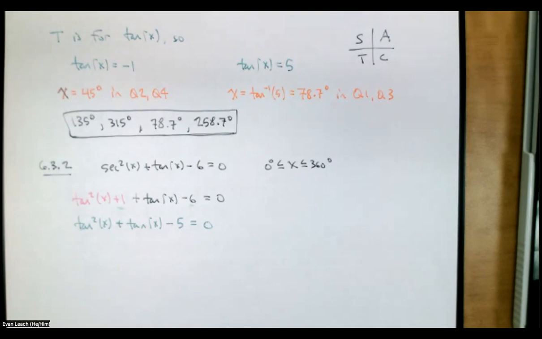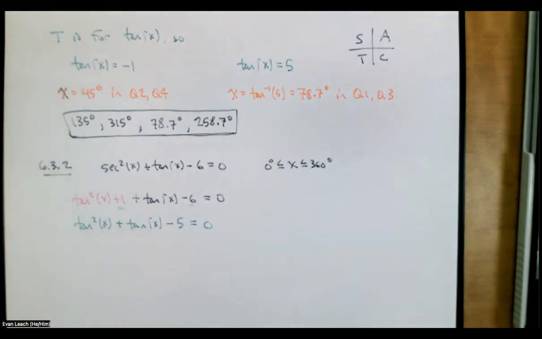Now we're in the same place that we were in the previous problem. We've got an equation that's quadratic in tangent. The difference here is that we don't have something factorable. There aren't rational factors of -5 whose sum is +1. So this is not factorable in tangent.